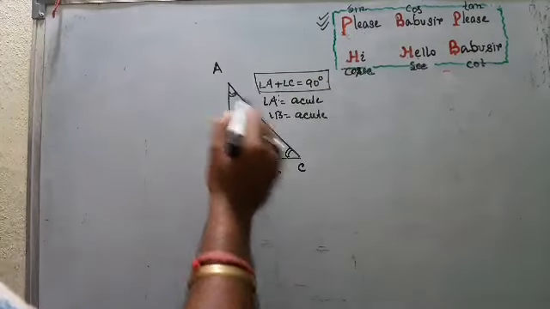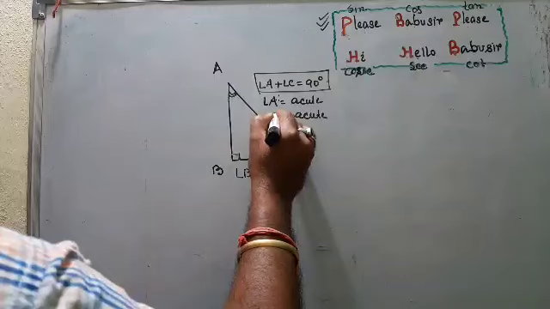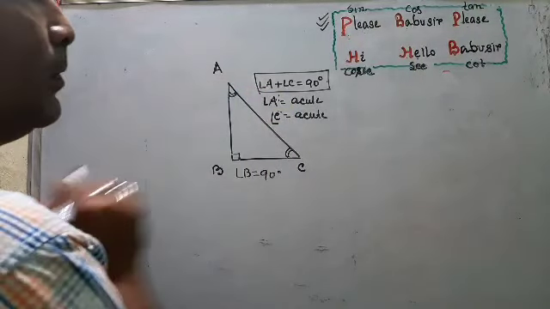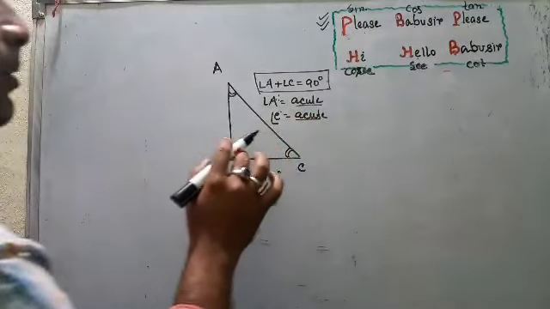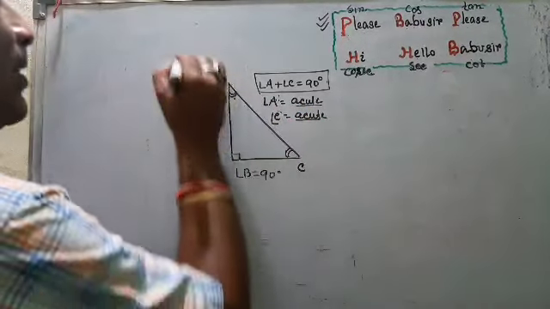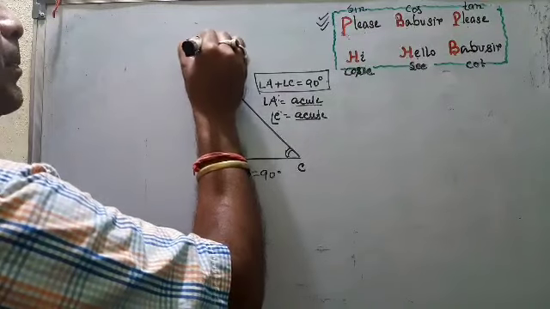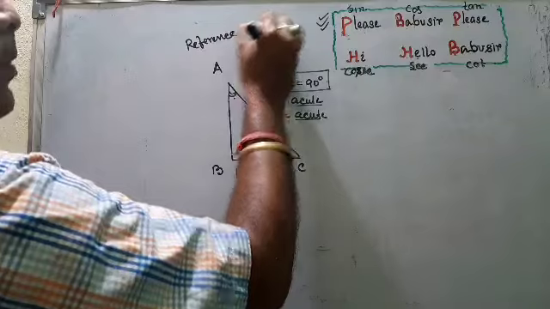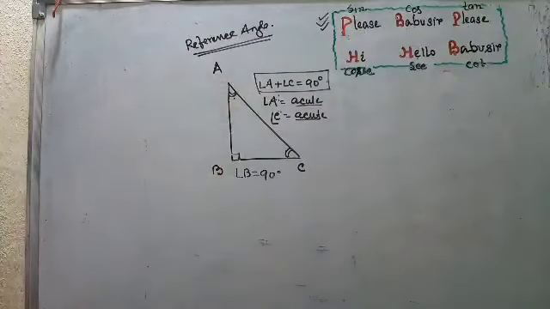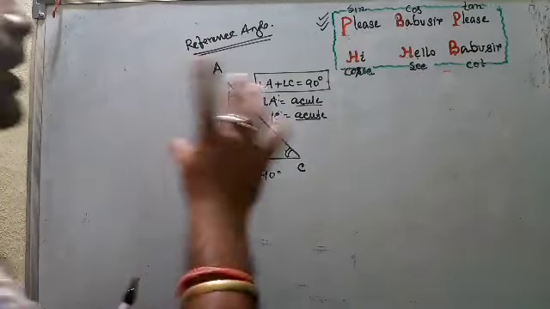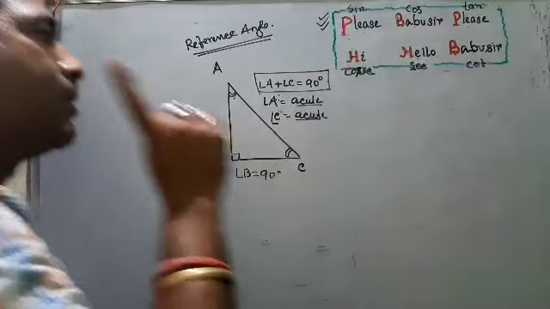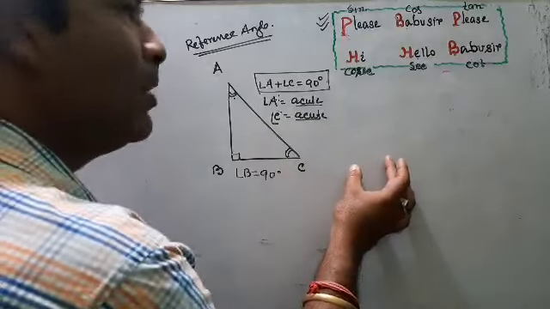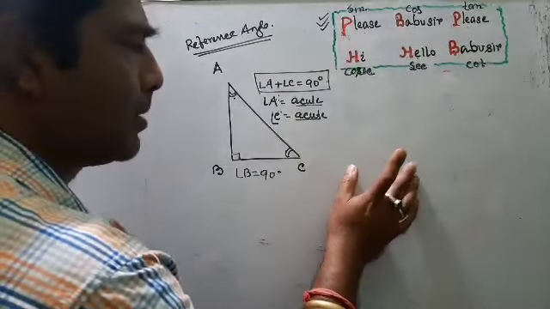So this angle A and angle C are acute angles. We can take this angle A or angle C as a reference angle. Okay, reference angle. So from this reference angle we can determine which one is the perpendicular and which one is the base, because earlier we said we can take any one as a perpendicular and any one as a base.